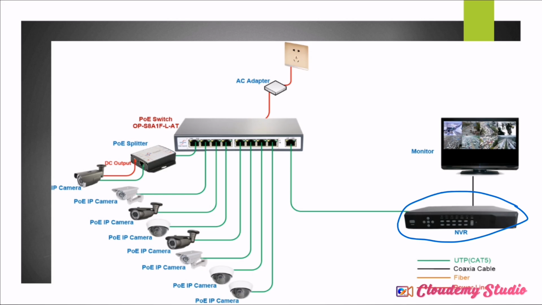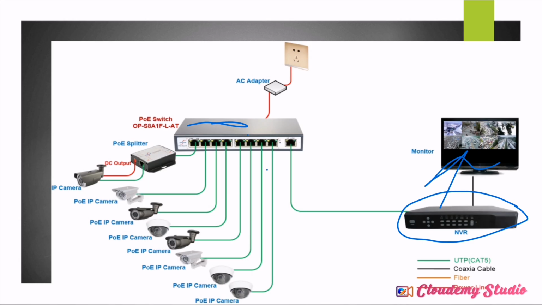So as you can see, this PoE switch is connected to the power. Then from there it is on. All these cameras are connected to this same switch. Only one port has remained, which is the one going to the NVR, and the NVR is connected to this monitor in order to display whatever is happening.